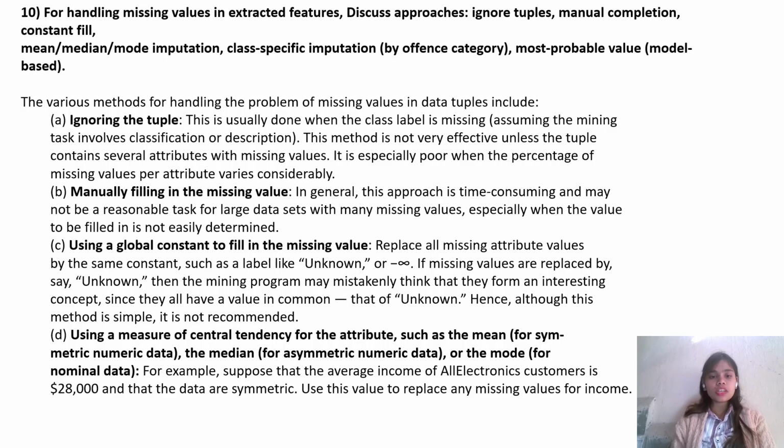Fourth, using a measure of central tendency for the attribute, such as the mean, the median, or the mode. For example, suppose that the average income of an electronics customer is 28,000 and that the data are symmetric. Use this value to replace any missing value for income.